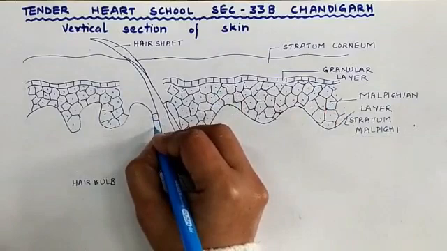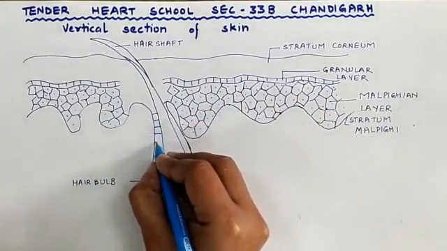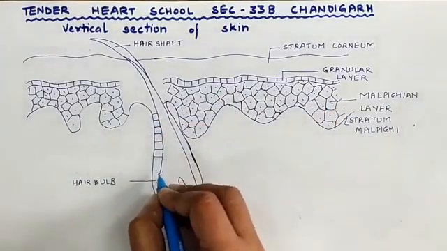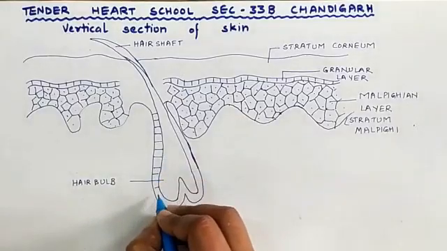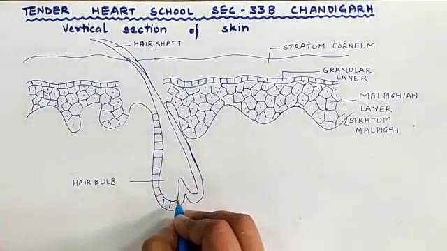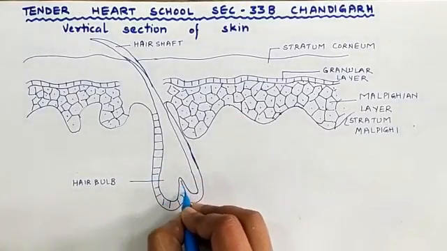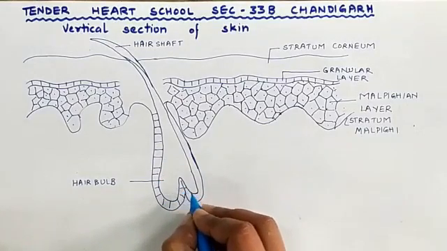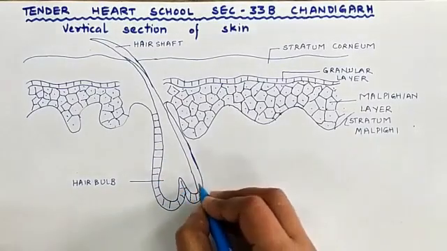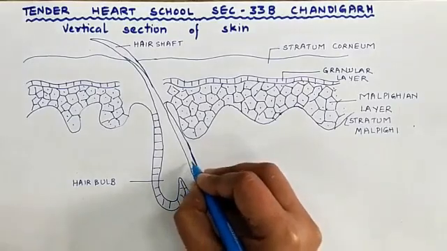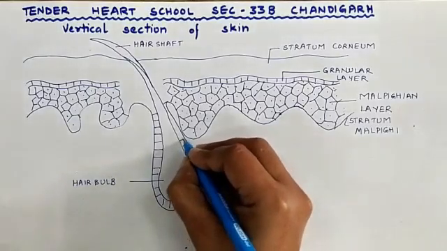Hair are also growing, right? They get nourishment. So hair follicle is responsible for proper growth of the hair.